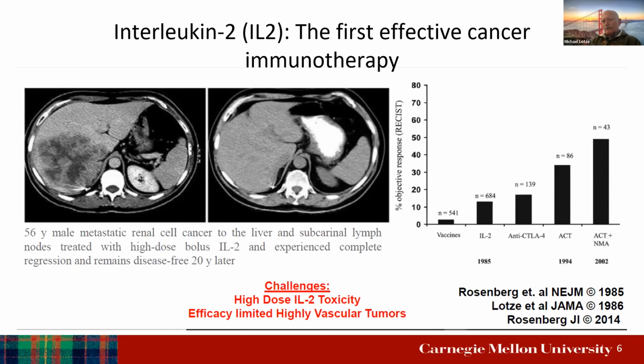The advent of checkpoints, including CTLA-4 and PD-1 antibodies, was followed by the emergence of adoptive cell therapy, which Jen and I are both working on now, tumor-infiltrating lymphocytes alone, along with non-myeloablative chemotherapy. It's really been a remarkable history in terms of how these therapies have evolved. Next slide.